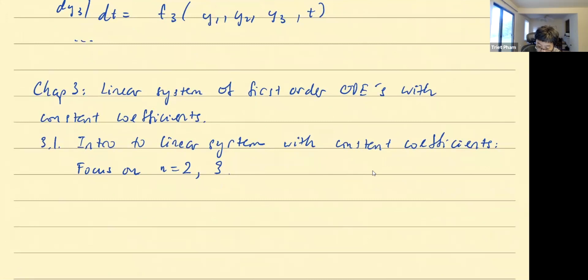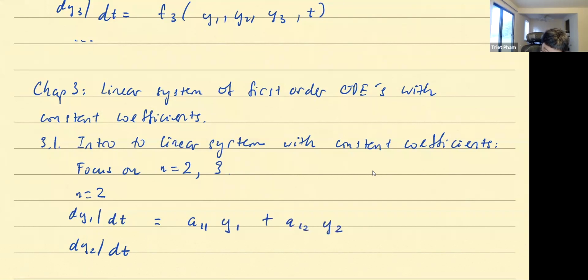So what's a linear system with constant coefficients? Let's say you want to pose it with n equals 2. You've got dy1 over dt and dy2 over dt. Basically, it's a linear combination of the functions. So let's call it a11 y1 plus a12 y2. This is going to be a21 y1 plus a22 y2.